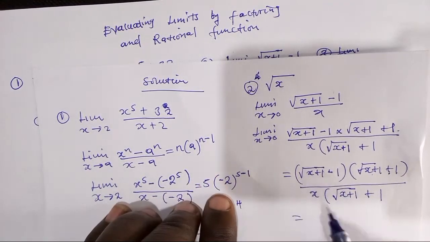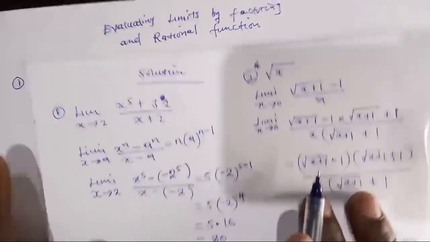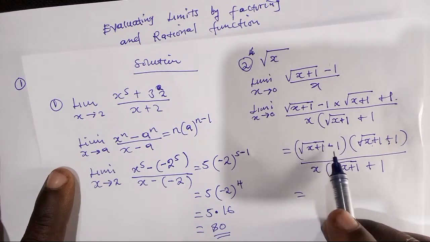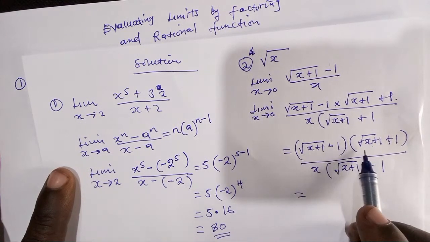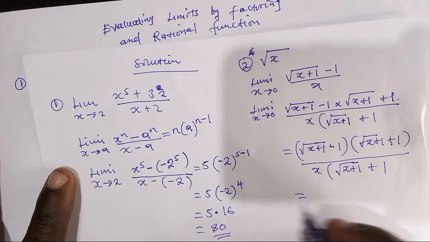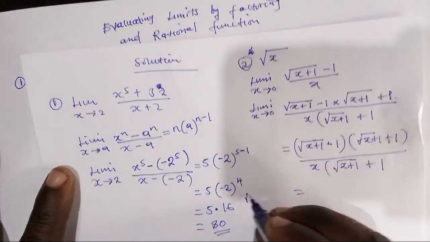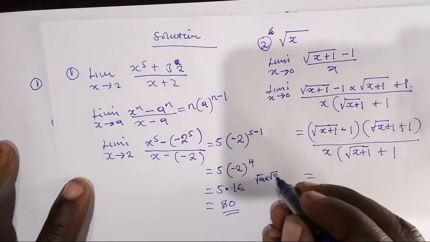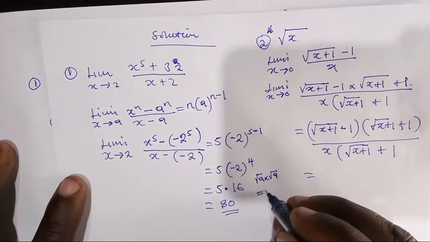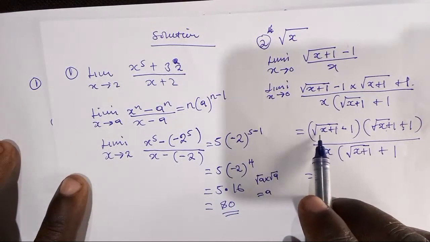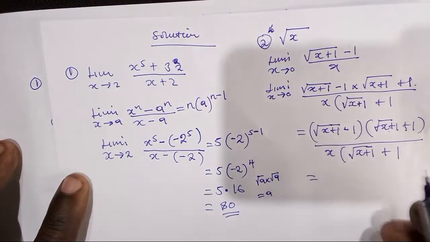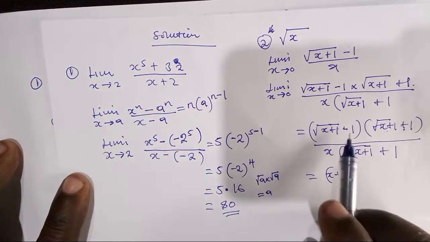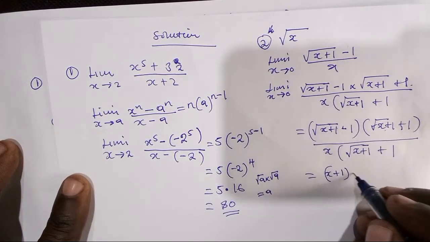When you multiply root (x plus 1) minus 1 with root (x plus 1) plus 1, remember that root a multiplied by root a is equal to a. So we do the same here: root (x plus 1) multiplied by root (x plus 1) gives x plus 1 in the bracket. Then negative 1 times positive 1 gives minus 1.